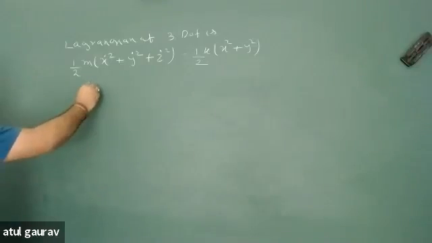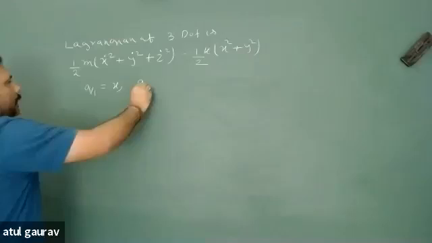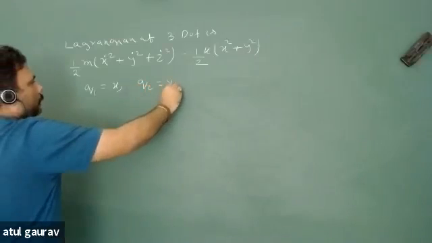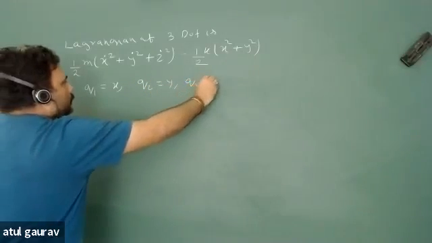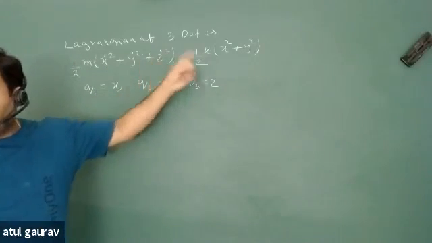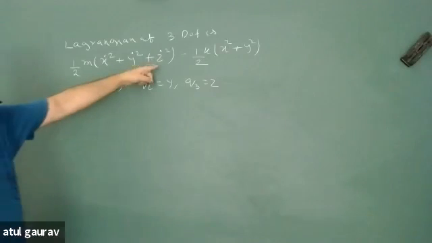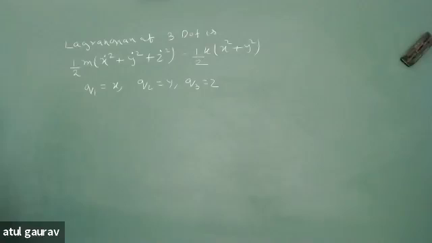Let's say my first generalized coordinate is x, second is y, and third is z. Even if z is not there explicitly, z dot is there, and so this is my Lagrangian.